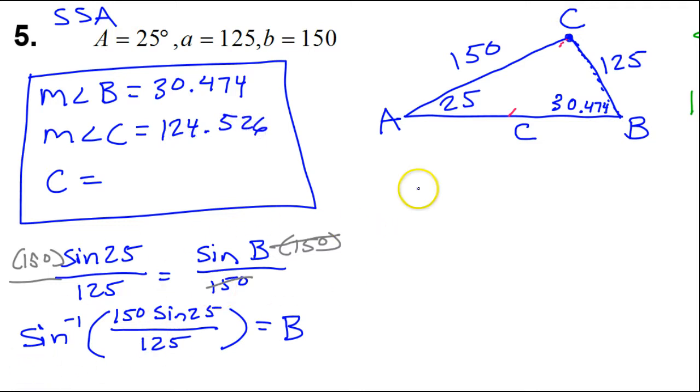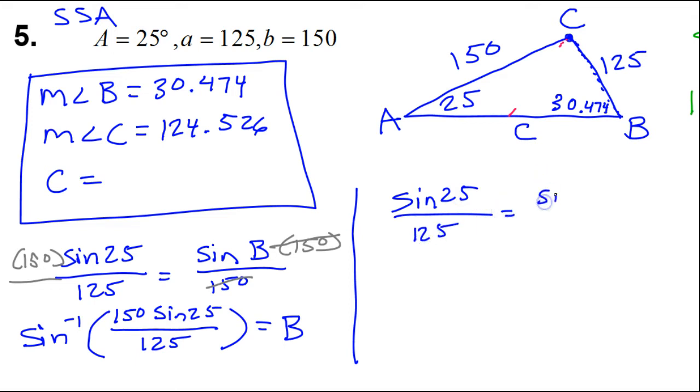Okay, so now we just need to find side C. So we can just do the law of sines one more time. So here I'm going to use the same ratio I did before. So sine 25 over 125 is equal to, whoops, I almost wrote sine B again. That's not what I need this time.